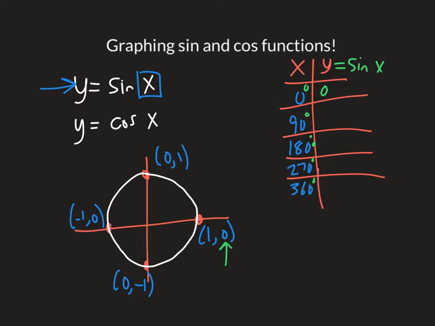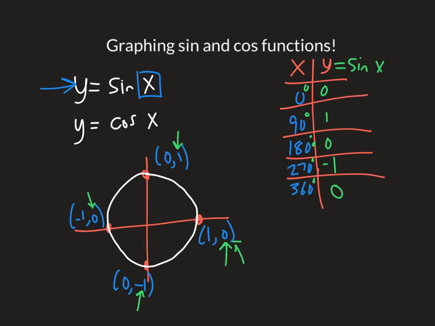The sine at 90 degrees is always the y coordinate. At 180 degrees, the sine is the y coordinate. At 270 degrees, again, the y coordinate. And when we get back to 0 degrees again, the y coordinate is 0. So just keep those points in mind. We're going to plot them in a second.